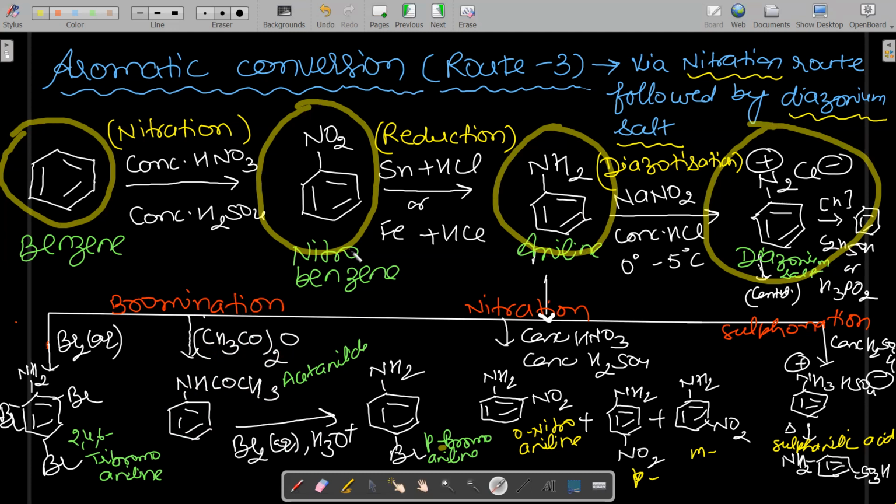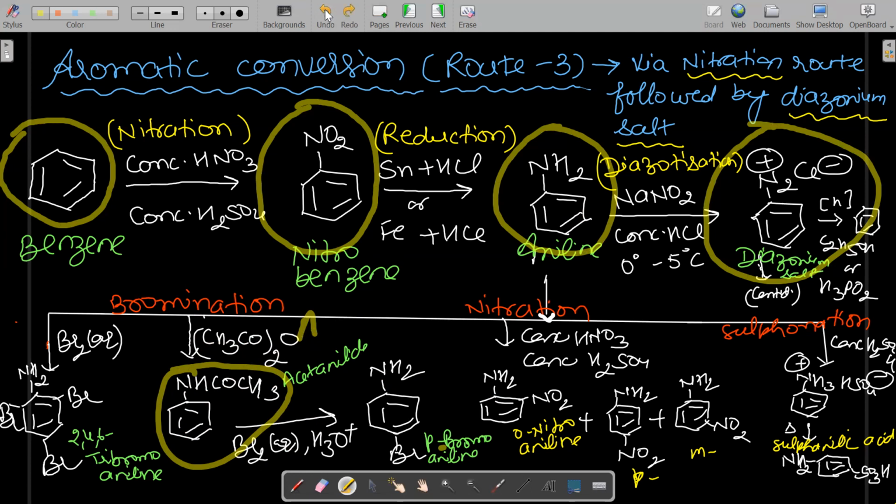It is an acetylation reaction. And this acetanilide further reacts with bromine, followed by hydrolysis, to form para-bromoaniline, and ortho also, but we are writing the major product.